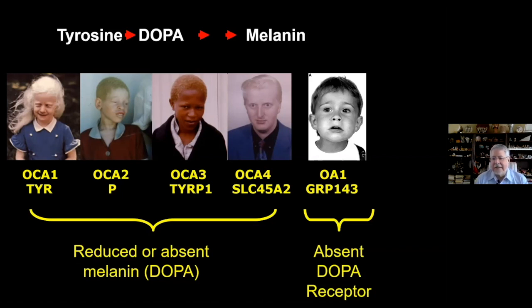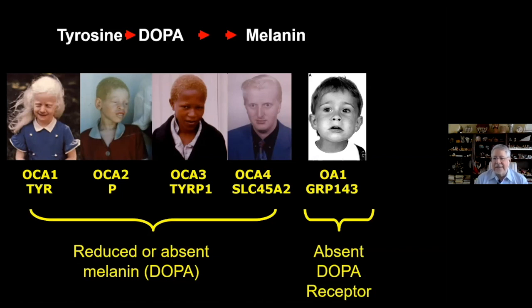Because the condition of ocular albinism encodes a kind of receptor, kind of an ear that hears that signal of DOPA. And that signaling between DOPA and its receptor is critically important in the development of a normal visual system.